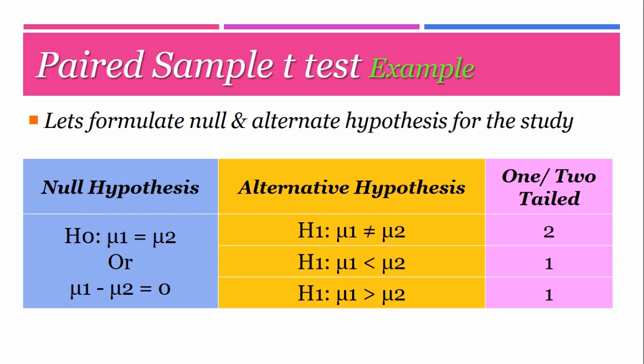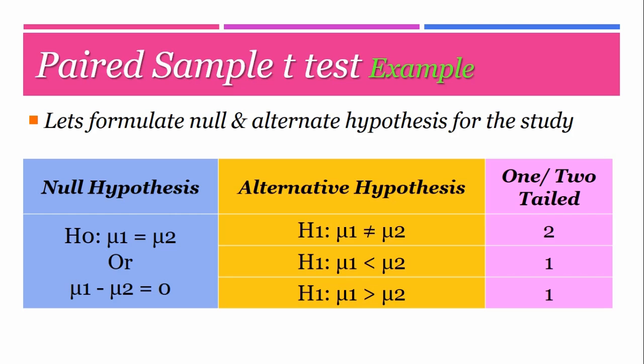After giving the treatment with the new antidiabetic drug, if there is no change in the blood sugar level, that is, the values of blood sugar level before and after treatment are the same, then the difference value will be 0. Say for example, the blood sugar level before the treatment is 150 and after the treatment is also 150, then the difference value of 150 minus 150 will be 0.